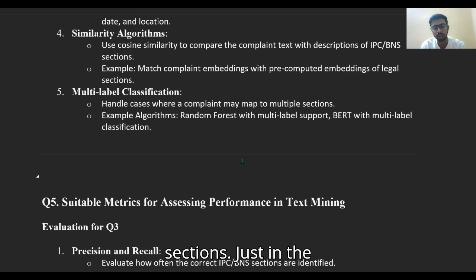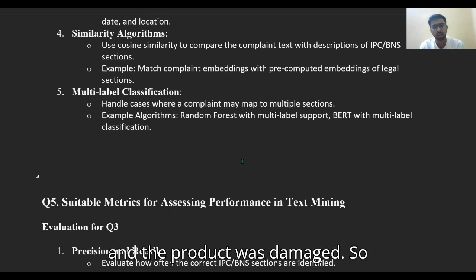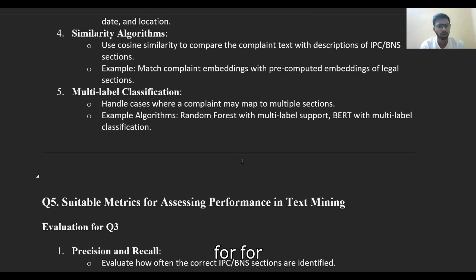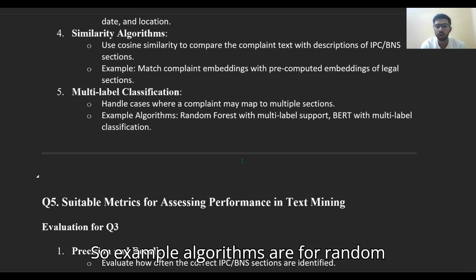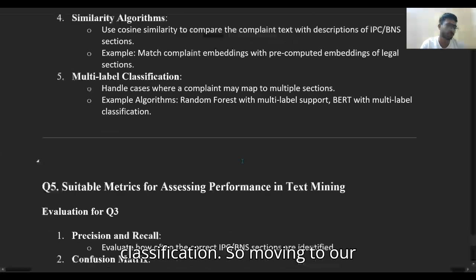Just like in the previous question, we saw an example where the delivery was delayed and the product was damaged. So for classification of multiple complaints or multiple tags, multi-label classification is used. Example algorithms are random forest with multi-label support and BERT with multi-label classification.